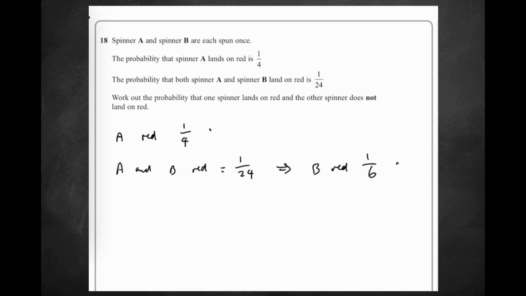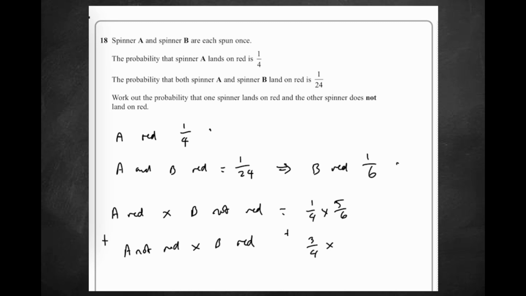So the probability that one spinner lands on red and the other does not land on red will just be A red multiplied by B not red plus A not red multiplied by B red, which is just 1 over 4 multiplied by 5 over 6 plus 3 over 4 multiplied by 1 over 6, which is just 5 over 24, 3 over 24.